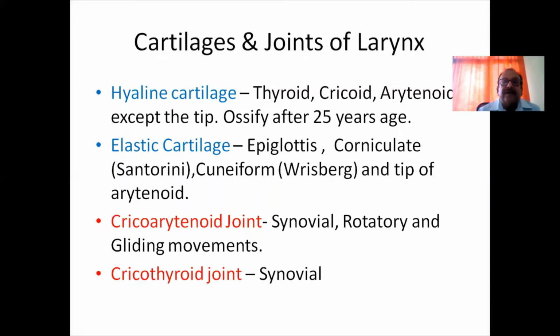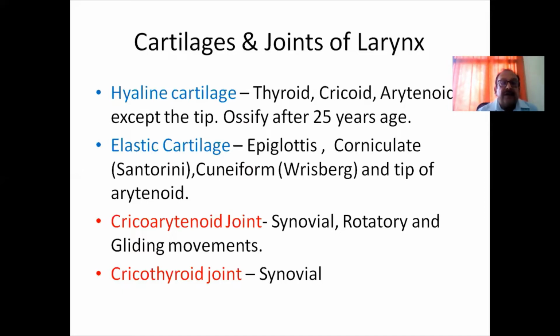Coming to the cartilages and joints of larynx. The larynx is formed by cartilages, that is thyroid, cricoid, arytenoid. These are hyaline cartilages, and they ossify after the age of 25 years.